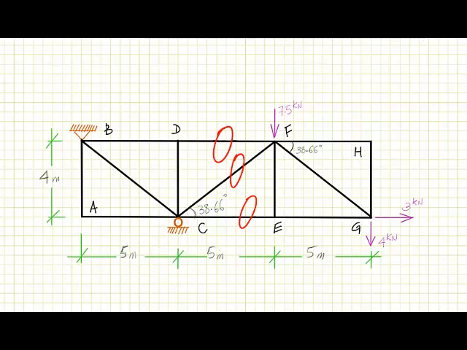So before we start we need to assume direction for the reactions at C and B. Reaction at C is assumed upwards, and the reaction, of course, roller will be only one reaction, vertical, and for B we'll have two reactions, one in the vertical direction and the other in the horizontal direction.